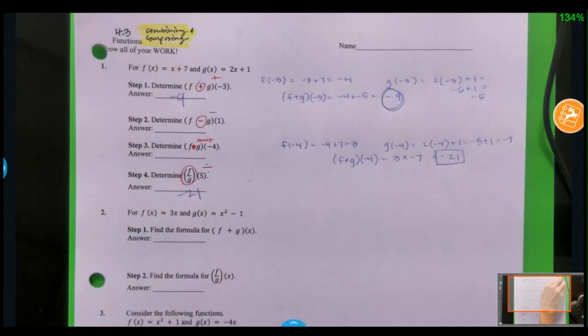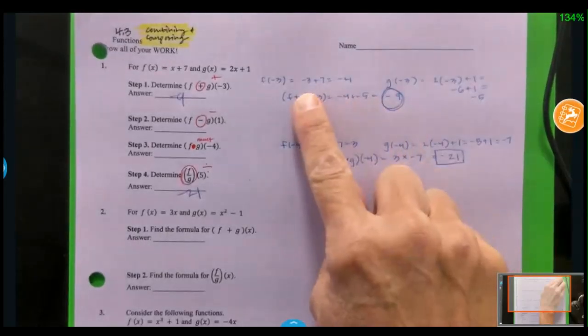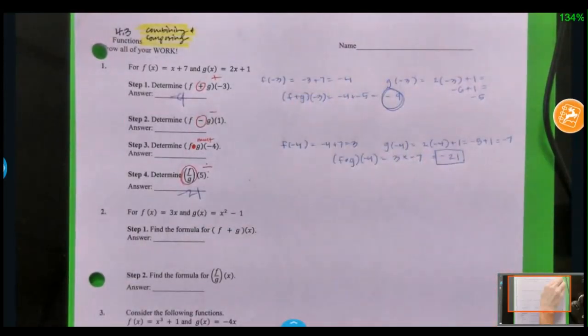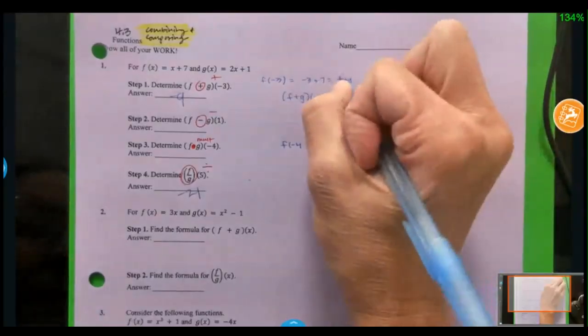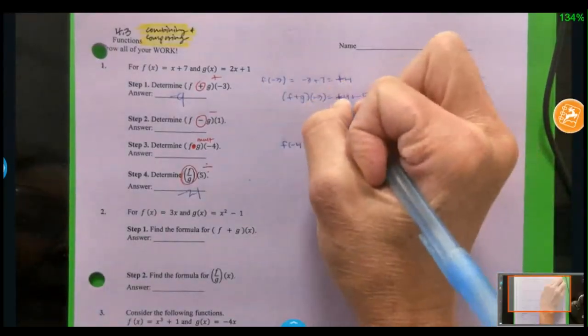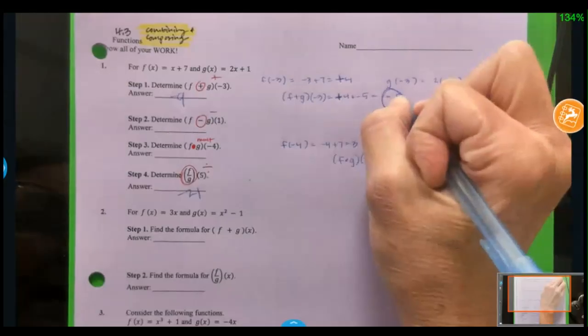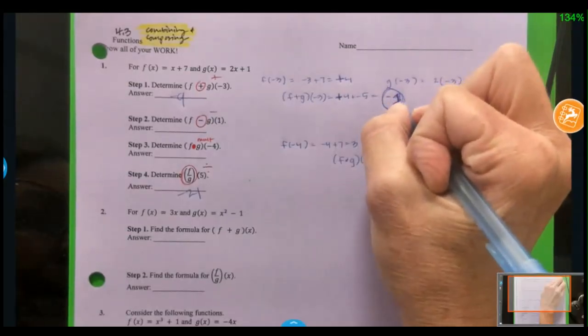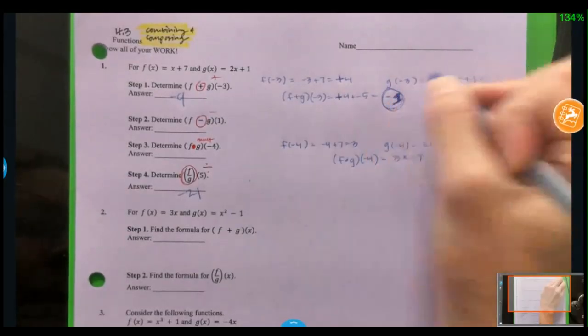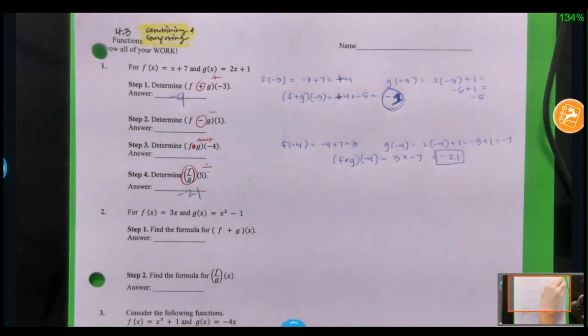Oh, I made a mistake somewhere on this one. That's supposed to be a positive 4, not a negative 4. So this is a positive 4. This is a positive, and that's a negative 1.